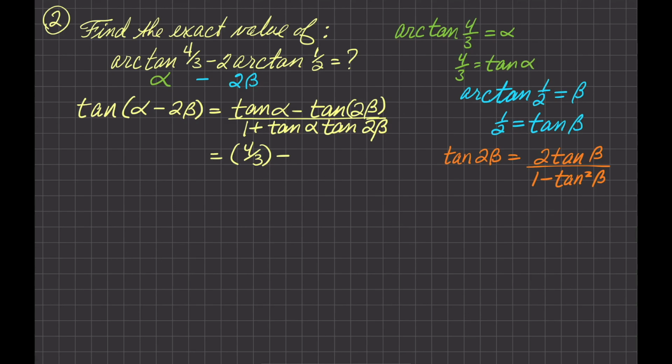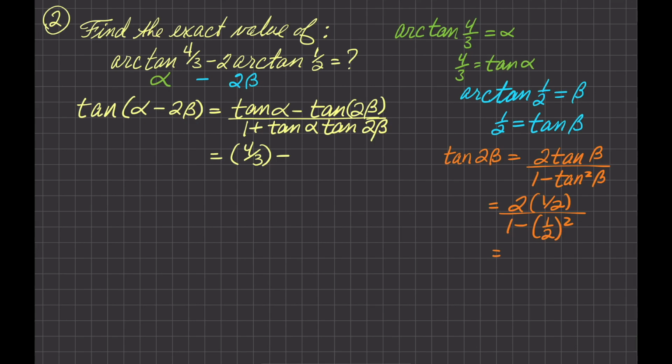And here we can see with our double angle identity that yes, we can figure out what the ratio is for the tangent of 2 beta, even though we don't know what beta is or what the measure of that angle is, which is twice as big. So we're looking at 2 times the tangent of beta, which is 1/2, over 1 minus that 1/2 squared.